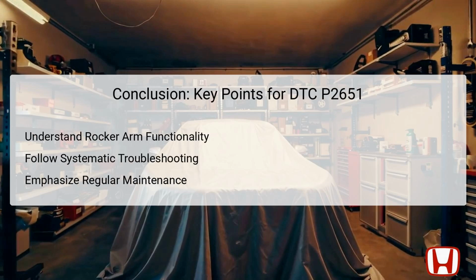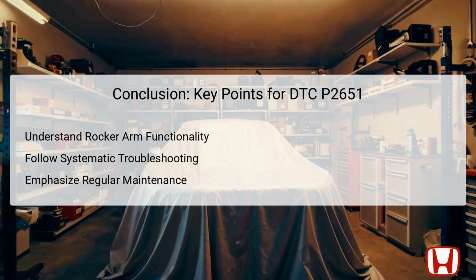In summary, troubleshooting DTC P2651 involves an understanding of the rocker arm functionality and the implications of a stuck oil pressure reading. Focusing on the systematic method of diagnostics, starting from basic engine checks to specific component inspections, provides a structured way to identify problems.